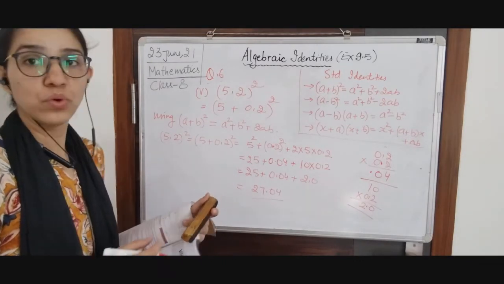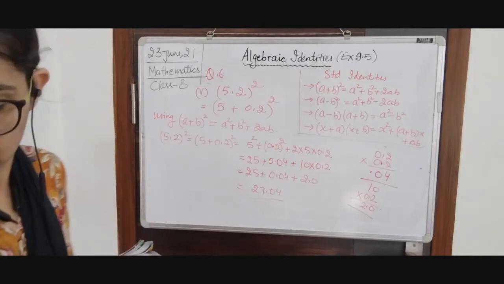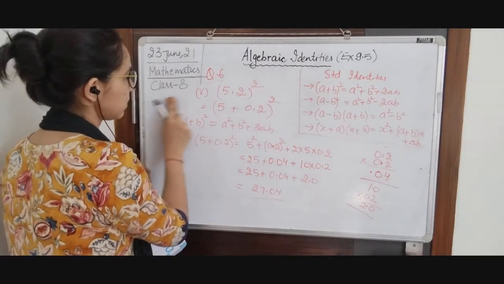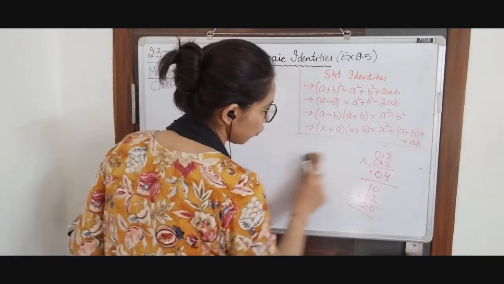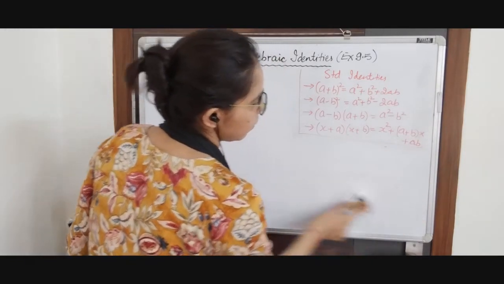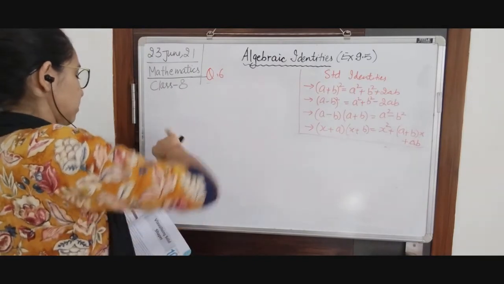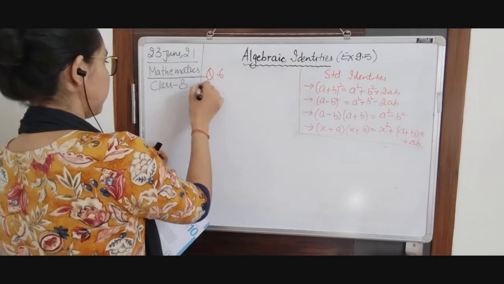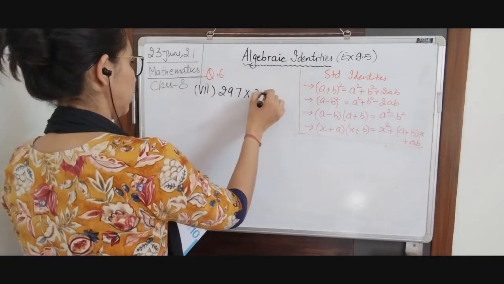Next we are going to do the sixth part of question number 6. We just have to be intuitive to find out which identity will be most applicable. Like in the 7th part, 297 into 303.